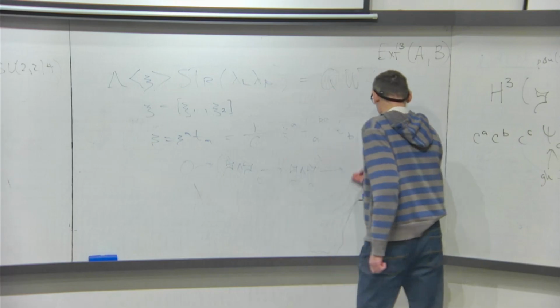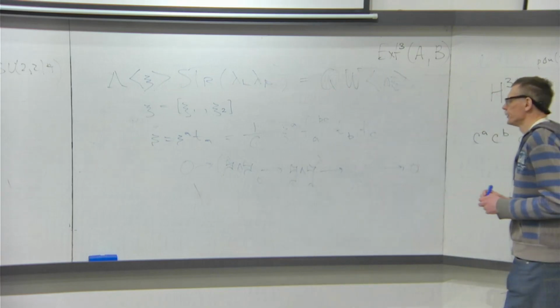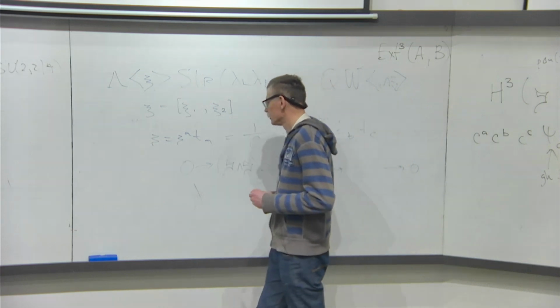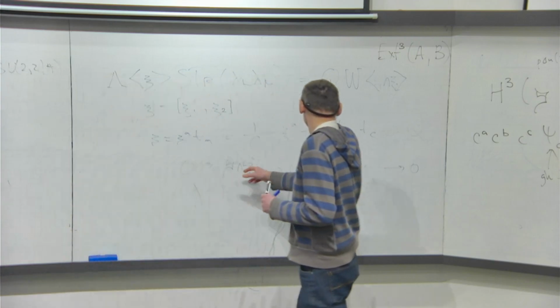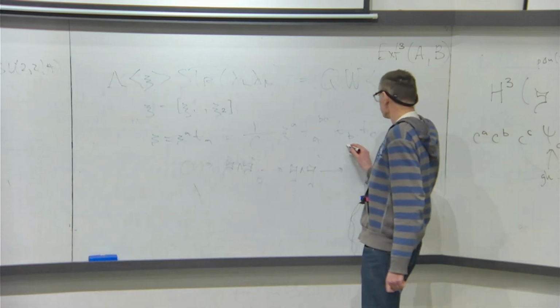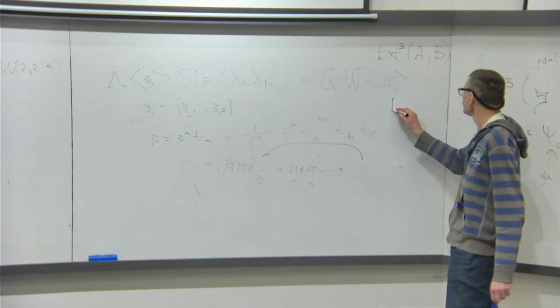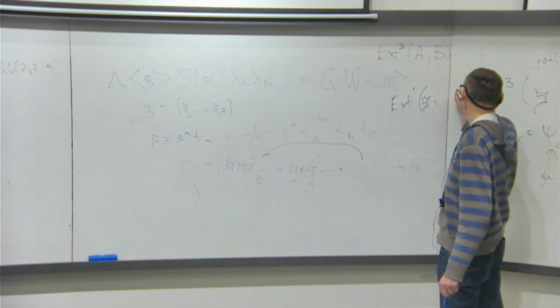Sorry, I just write G instead of adjoint G for brevity. So there is a non-trivial extension, and this is not split, so you cannot do this.